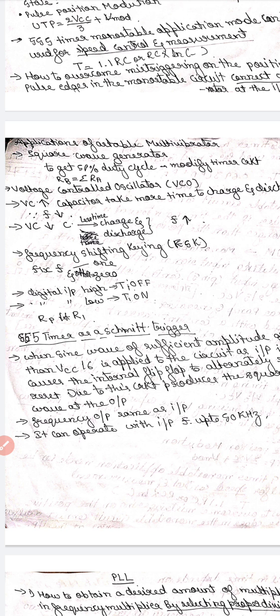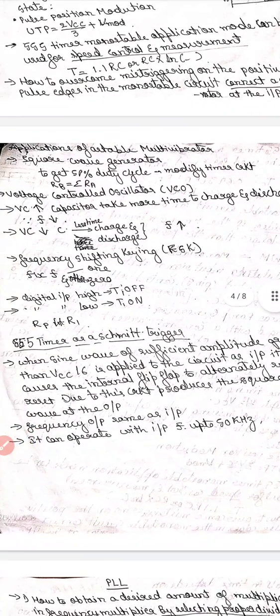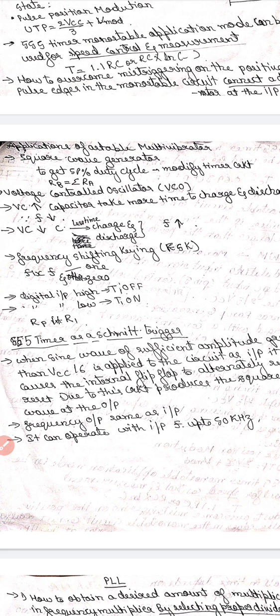And next, voltage controlled oscillator: when the control voltage is high, the capacitor takes more time to charge and discharge, so the frequency will be less. When the control voltage is low, the capacitor takes less time to charge and discharge, and the frequency will be high.